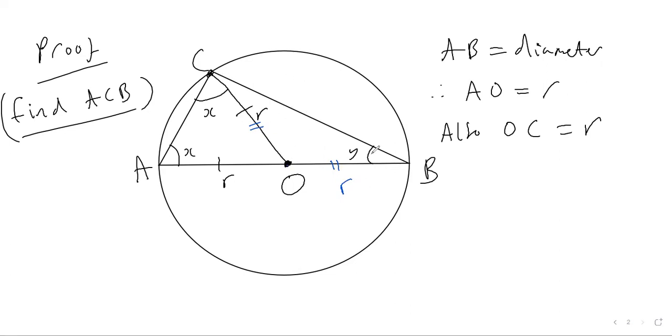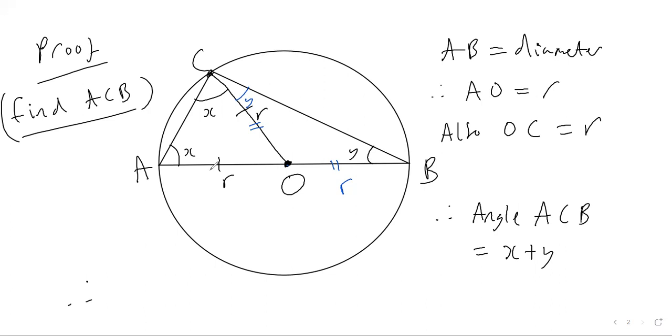If you call this angle OBC down here y degrees, then this angle OCB up here must also be y. So therefore angle ACB, the one we want to work out, equals x plus y, because x there plus the y there.